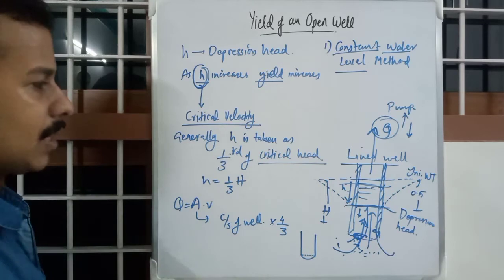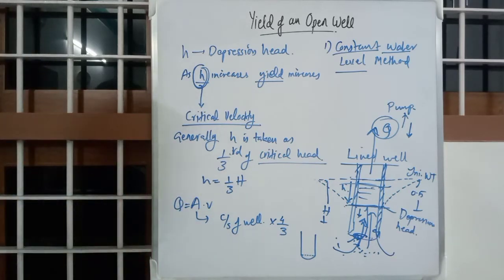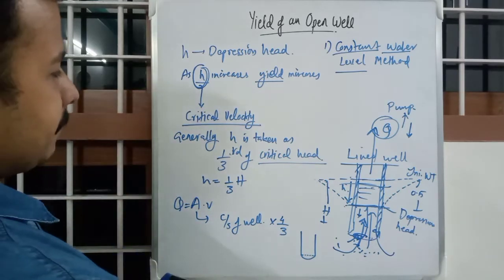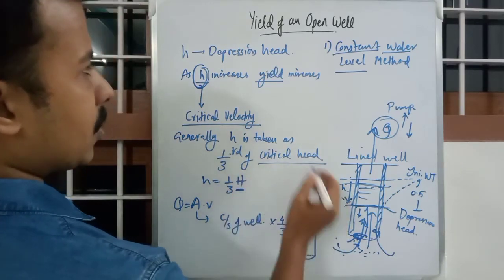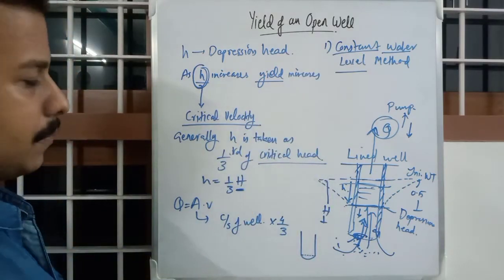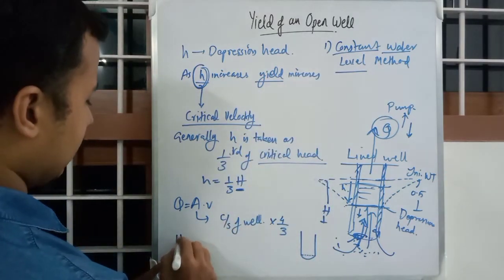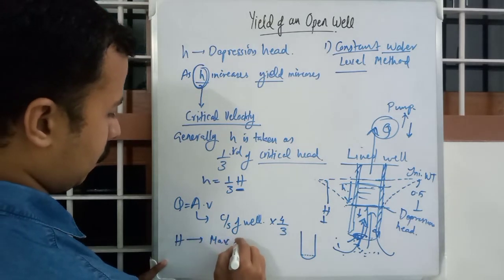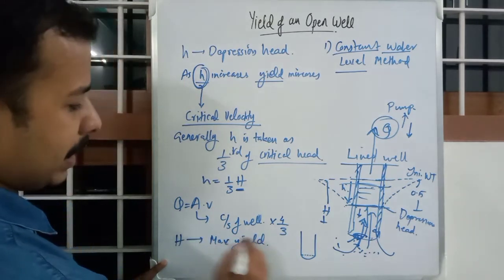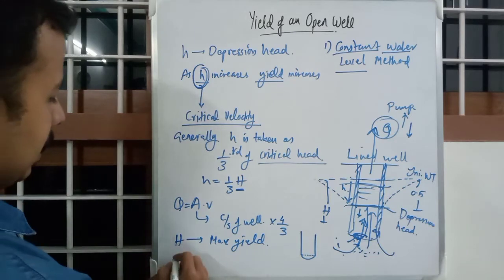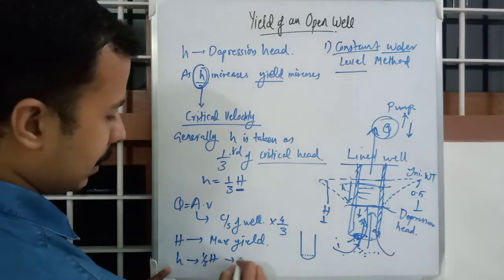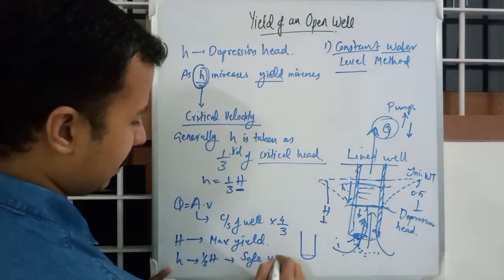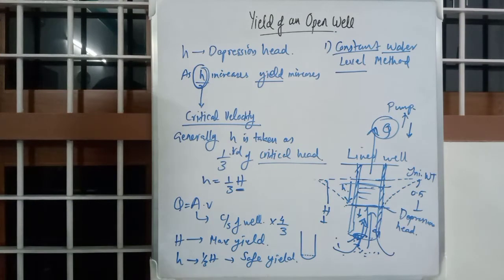Okay, so those are the 2 points you should be considering. And one more thing, if you are adopting critical head capital H for this constant water level method, you will get maximum yield. If you are taking small letter h, which is 1/3 of H, you will get safe yield or working yield.